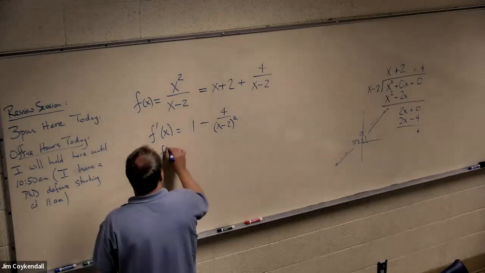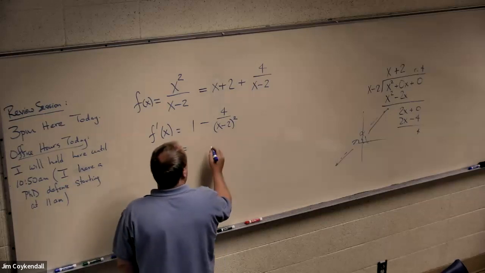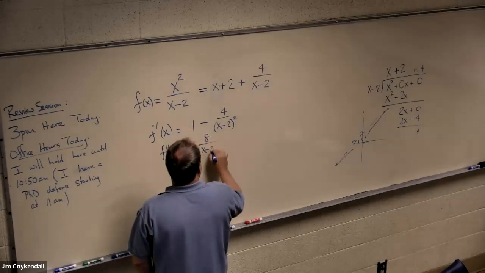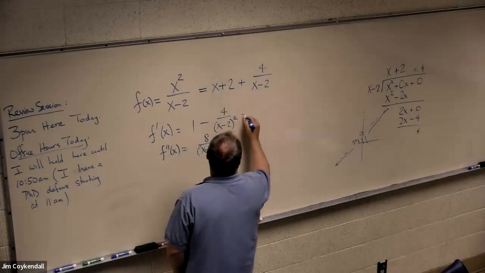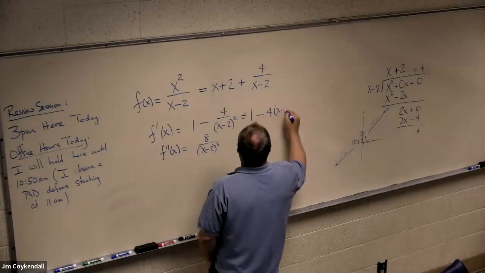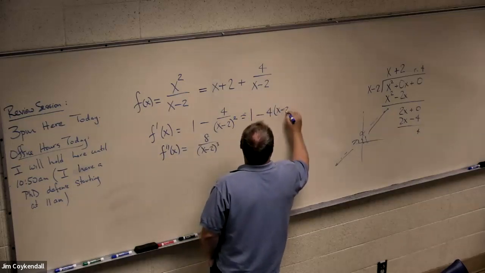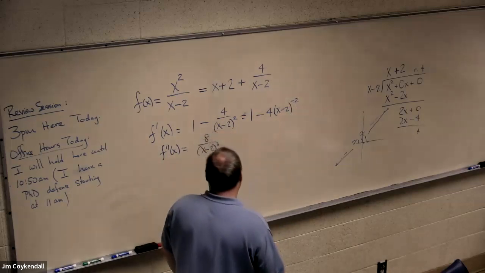And the second derivative, the 1 goes away, and I get 8 over x minus 2 cubed, because that's minus 4 times minus 2. So it'd be 8 over x minus 2 cubed.